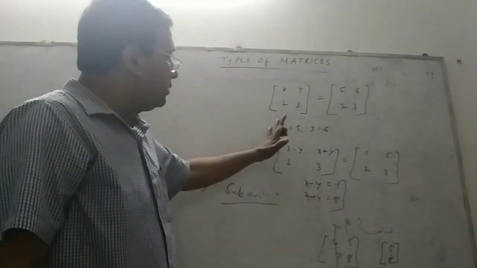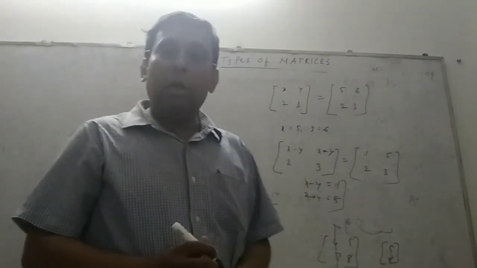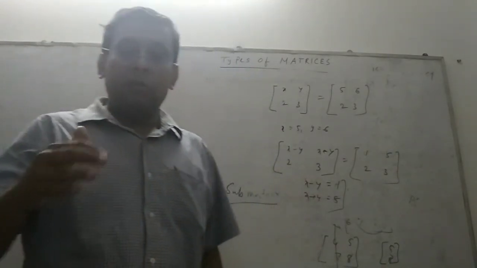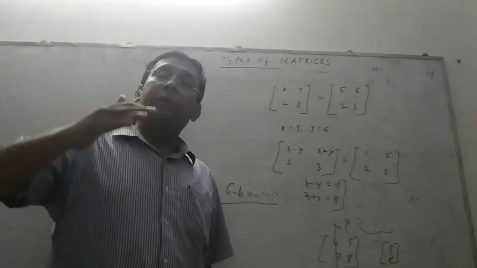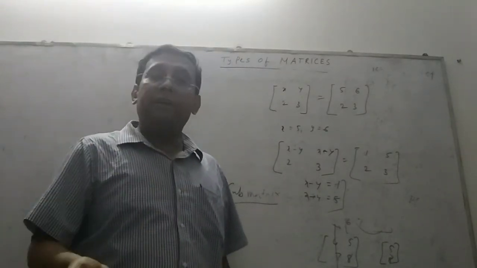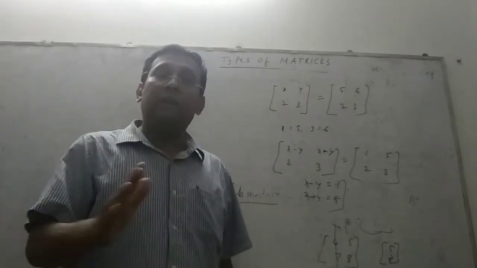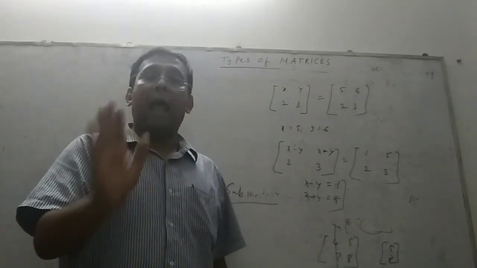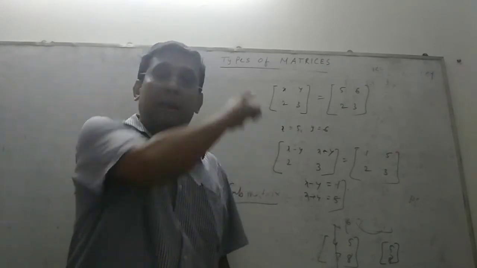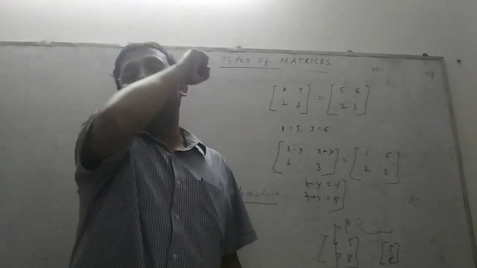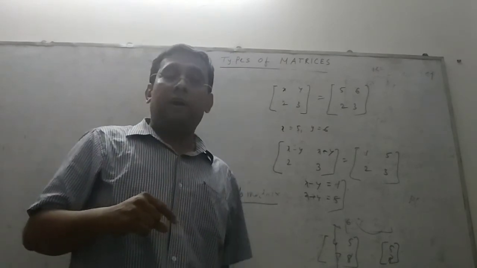So this is all about the types of matrix. Today we have learned the types of matrix. Next we will learn the operations of matrix, in my next class video. Thank you very much. Today you have learned types of matrix. Most important, don't forget the trace of matrix, that is the sum of the diagonal of a square matrix.